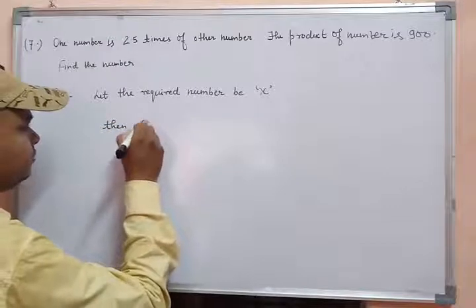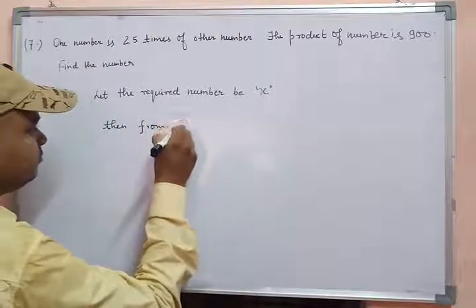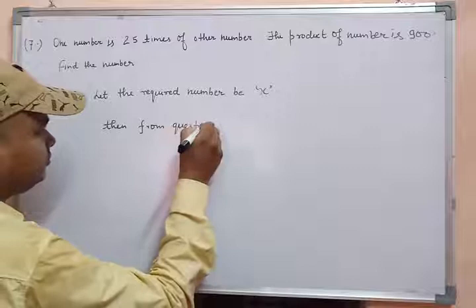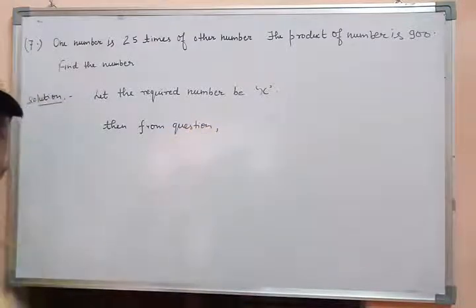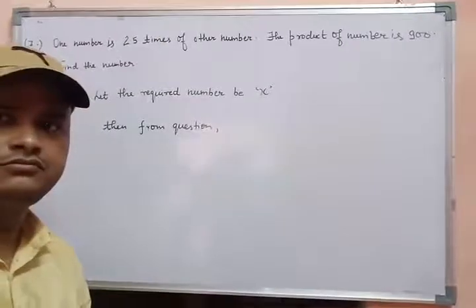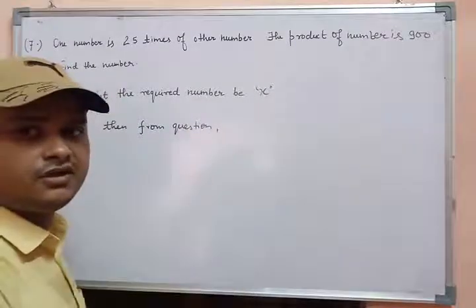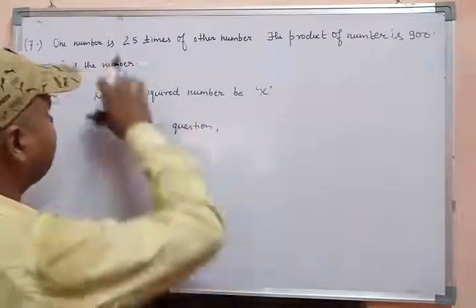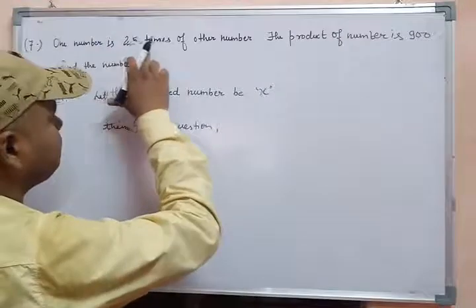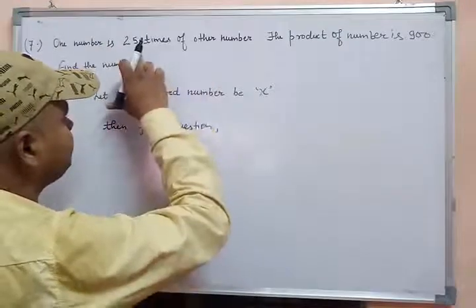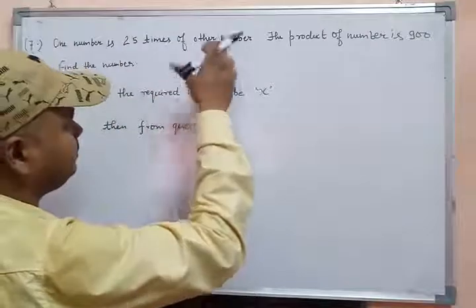Then from the question, you have to apply the condition of this question. First of all, you have to find the 25 times other number.